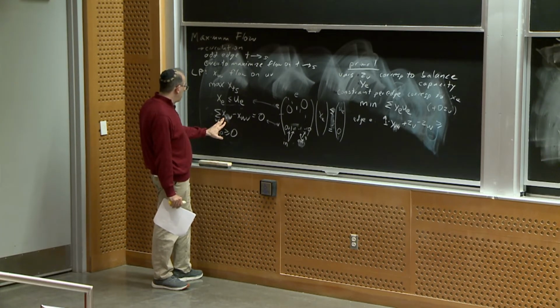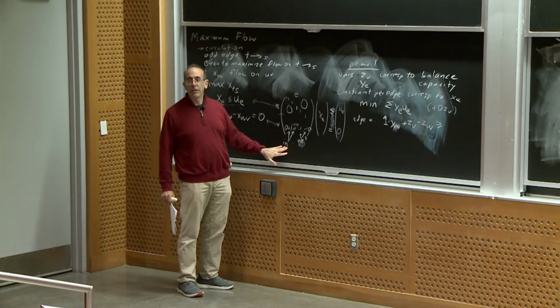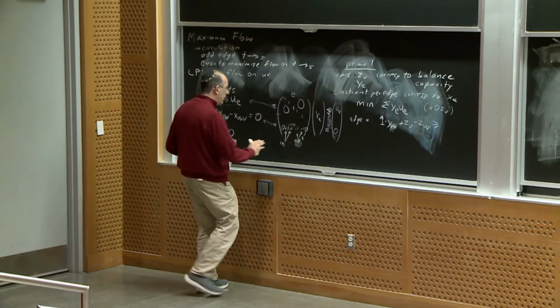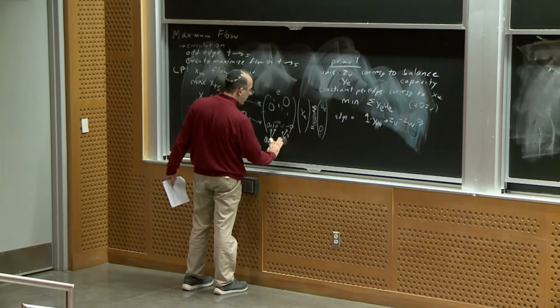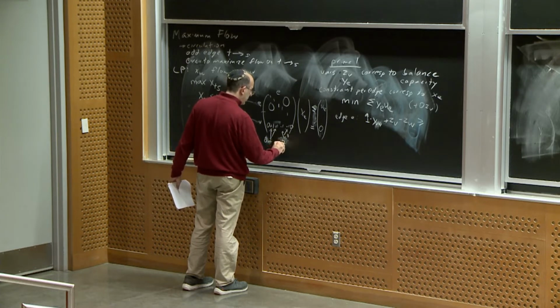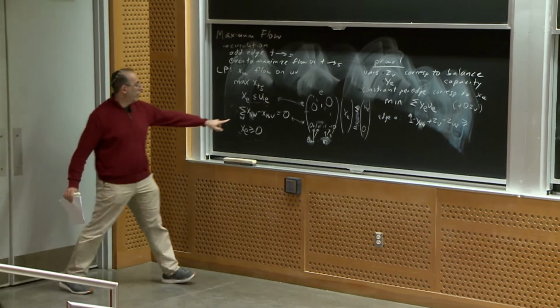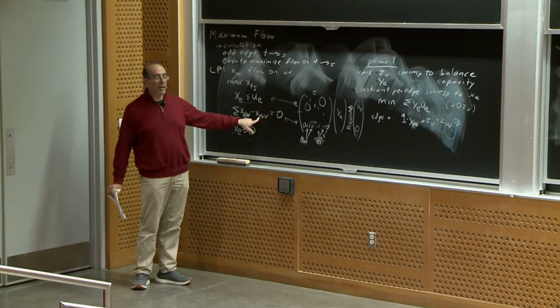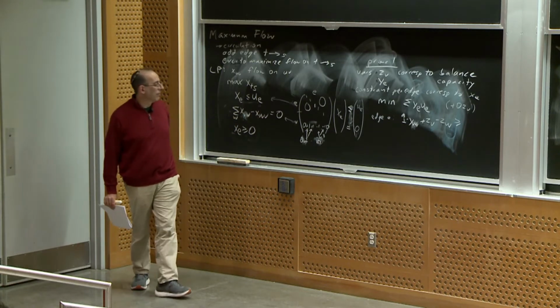Oh, you think I labeled it wrong, yeah, okay, good, thank you. So yes, it's the outgoing edges that have the plus one and the incoming edges that have the minus one, right? Because here, this is incoming to V, so this gets a minus one. It's outgoing from V, so it gets a plus one. Thank you. Okay.